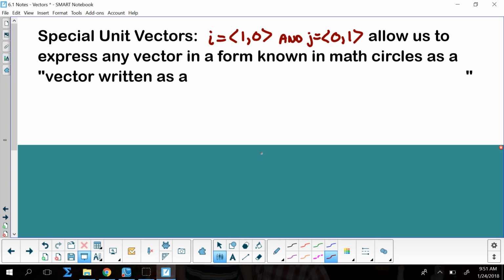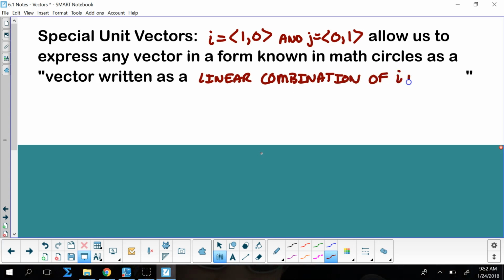Okay. That allows us to express any vector in the form known in math circles as a linear combination of i and j.